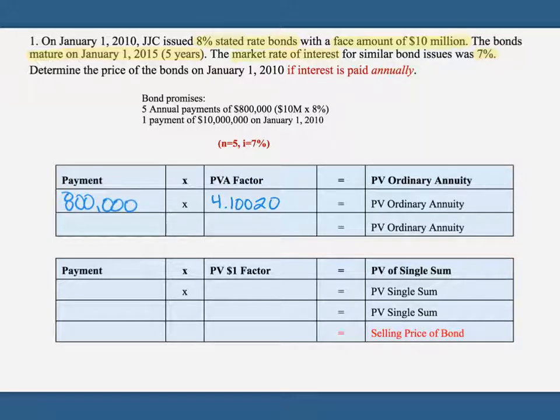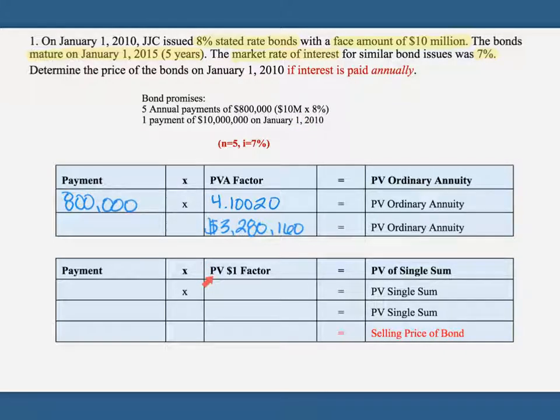And we multiply our $800,000 interest payment by that present value of an ordinary annuity factor, and we'll get our total, which is going to be $3,280,160.